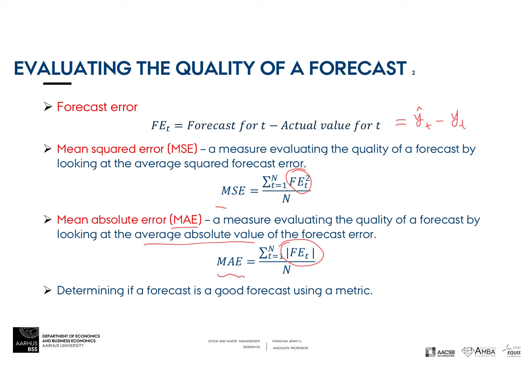As we can see, the MSE would highlight or exaggerate a single mistake. So if you have multiple forecasts, but as long as one forecast has a very large error, then it will definitely be weighted up in your entire error evaluation. So it will actually affect your forecast in the end.